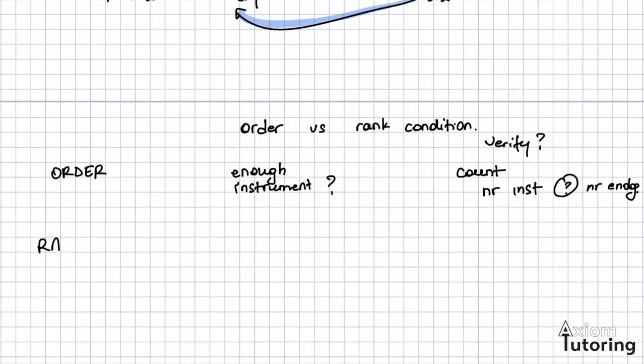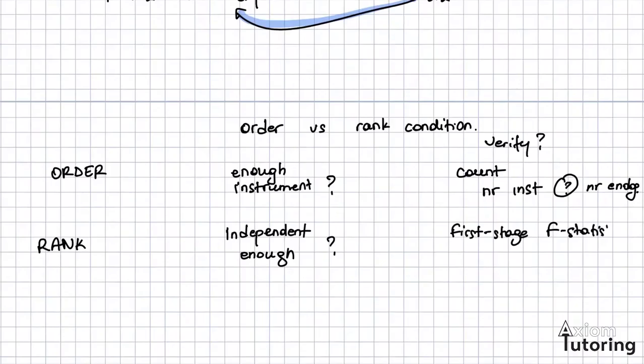For the rank condition, the thing that you're checking is, are the instruments independent enough? And the way you verify it is either a first stage F statistic or a matrix rank.